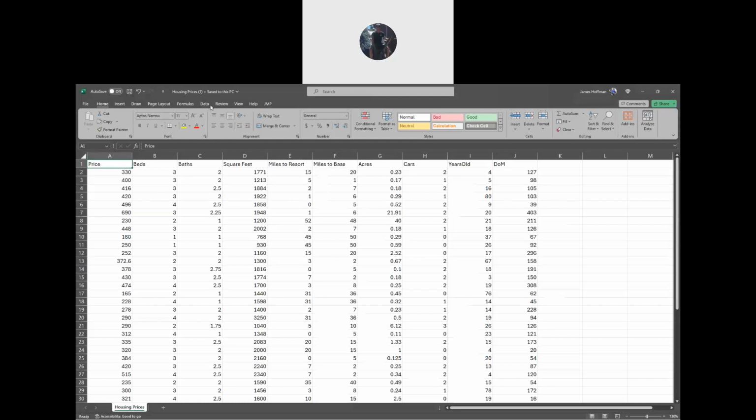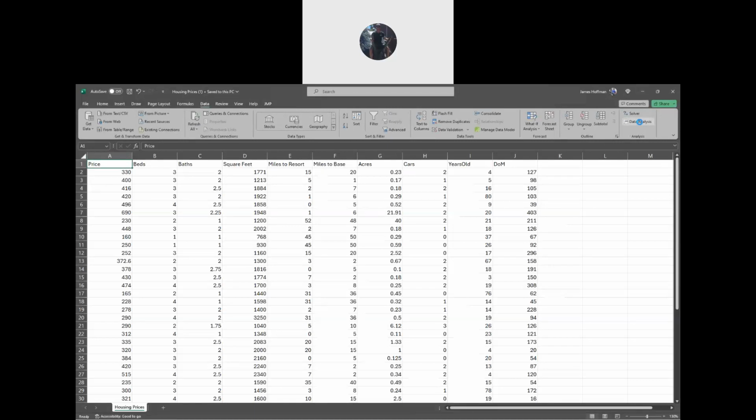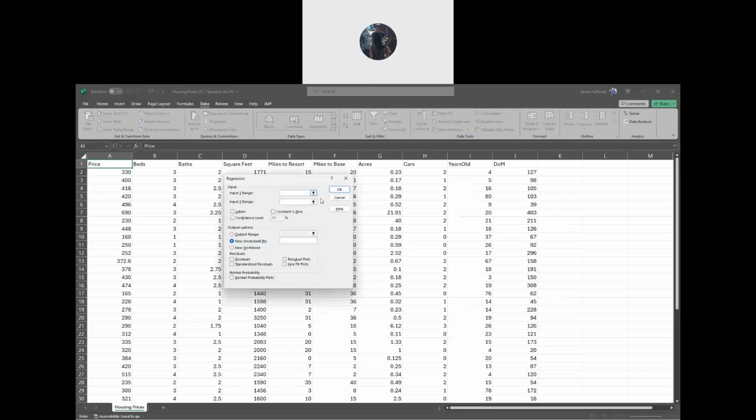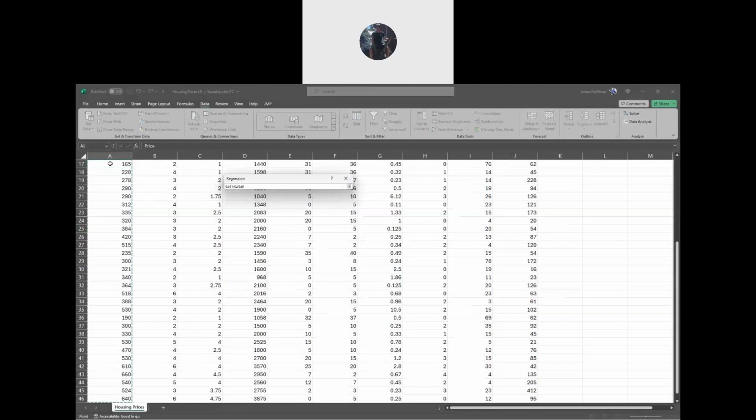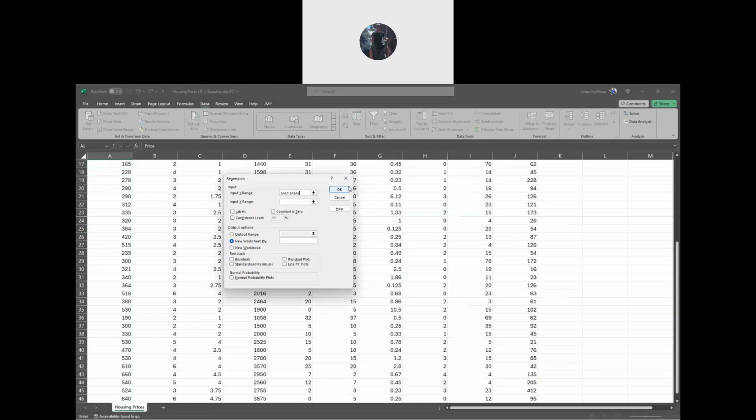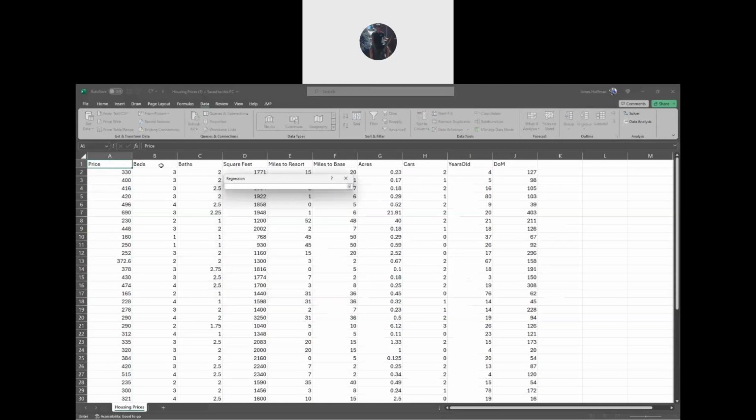So you're going to do data, data analysis, regression. Okay. Y range is the entire A column, so A1 to A46. X range, if you click that, you can try to choose everything at once using the mouse or the keyboard, but you want to choose B1.